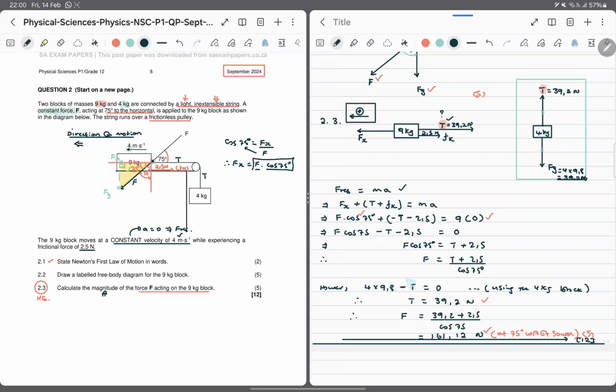Because issues of signs are going to overwhelm you, and issues of formulae as well and what to substitute can overwhelm the students. So there's clues. Always study everything that's given and take your time to figure it out.